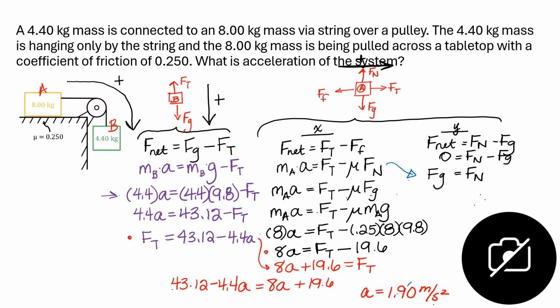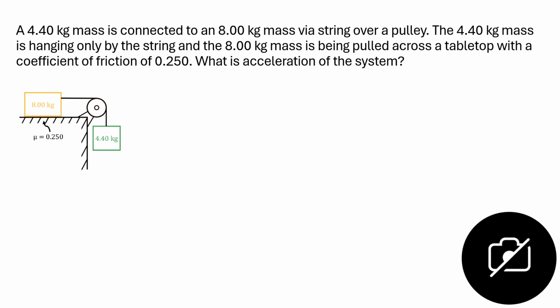But this isn't the only way to approach this problem. Let's look at it more holistically. So starting over, what we could do is look at it as a whole thing that's happening.